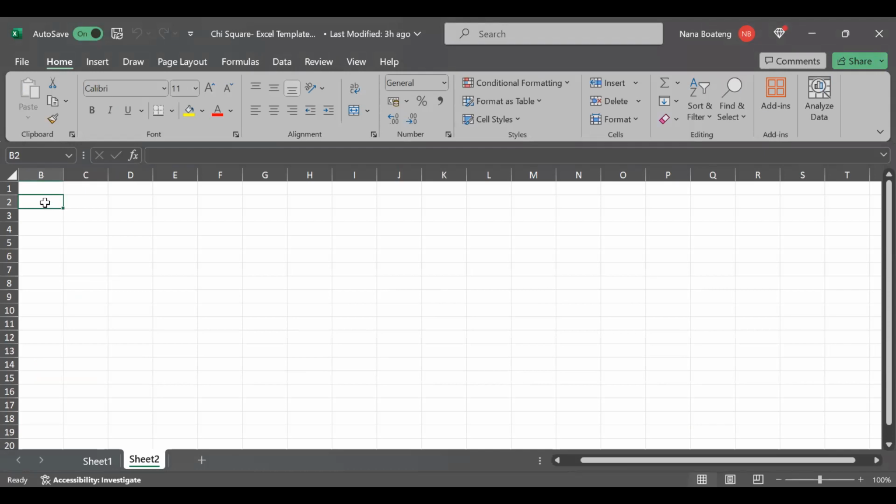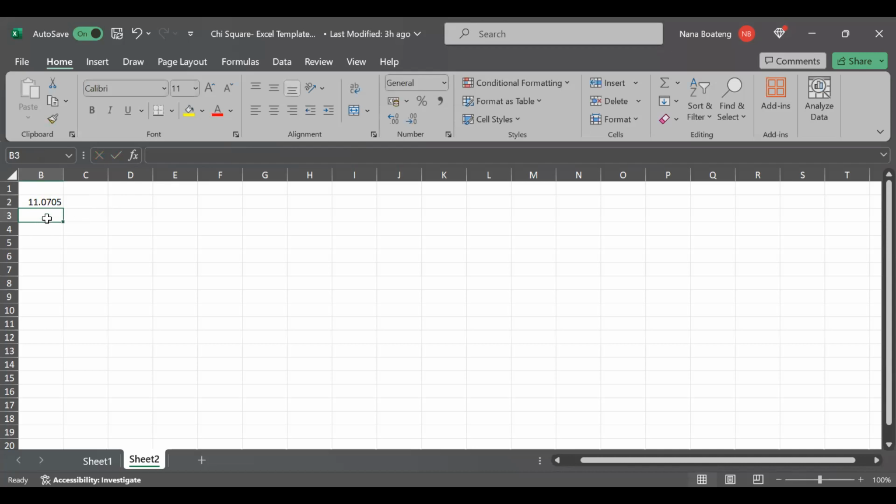Okay, so just type equal to, and then chi. It opens a lot of these for you, so choose the chi inverse and double click that. Your first figure will be your probability, so let's say 0.05, and then your degree of freedom 5, for instance. Then you close the bracket. So you see that it's giving 11.07.